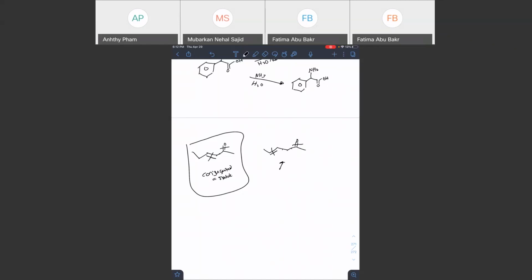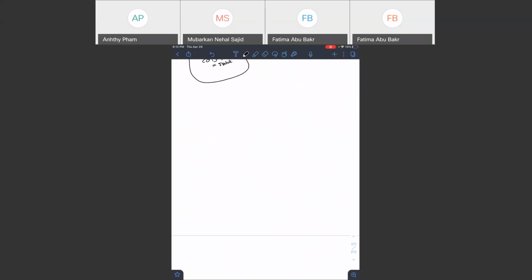So 1,2 addition, because we learned this in the last exam of last semester, so it might not be quite there for most of you. Last semester we learned about heat control of 1,2 addition and 1,4 addition.